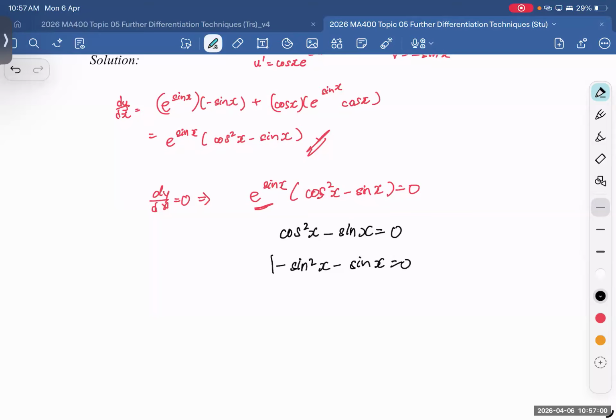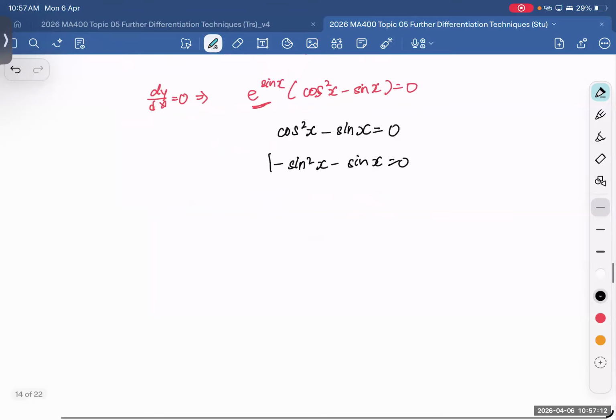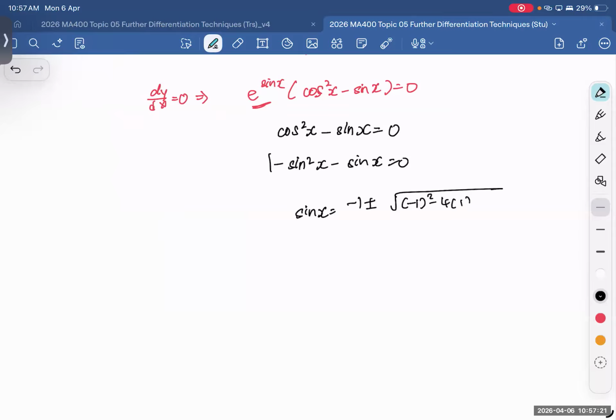Cannot. It's quadratic, right? This is the quadratic formula: a plus minus square root b square minus 4ac over 2a.